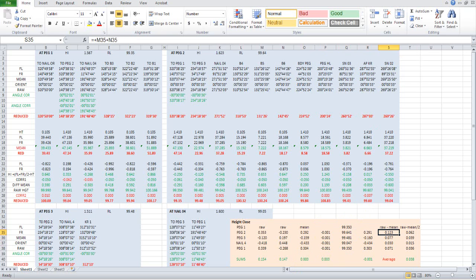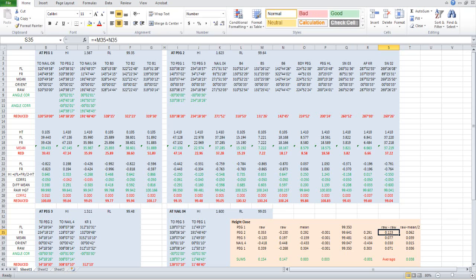These here would be the actual heights that we've got. But as I've worked out over here, this is the difference, or the raw value minus the mean sort of thing. This is raw minus raw actually here. So I've taken out the two raw values there, and that's in capitals.